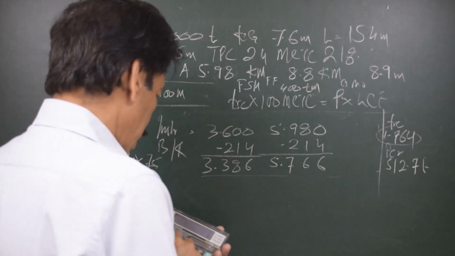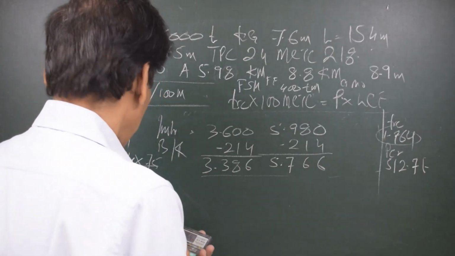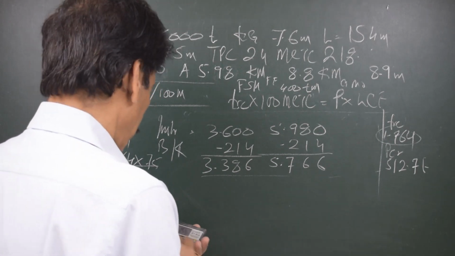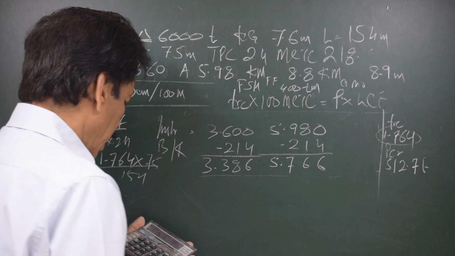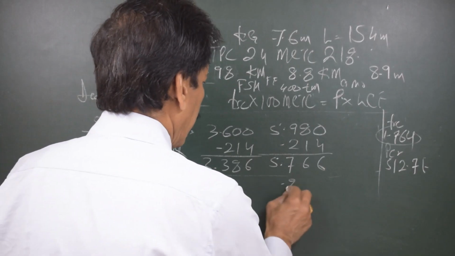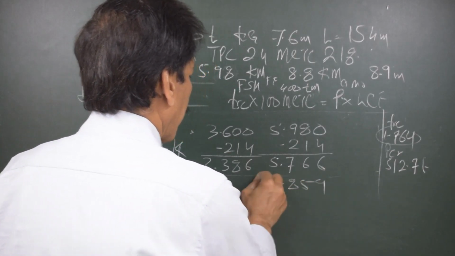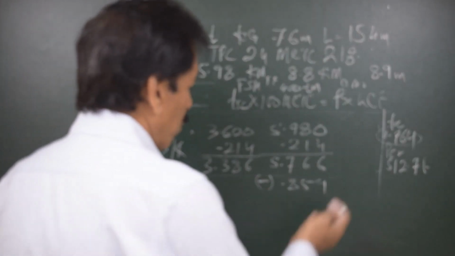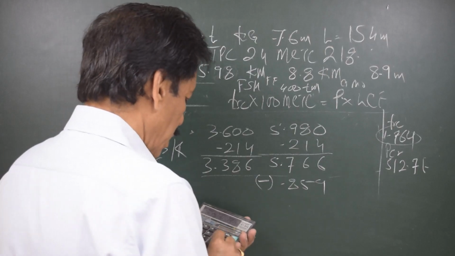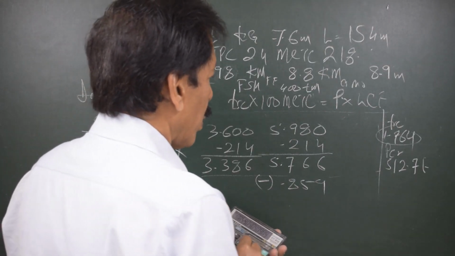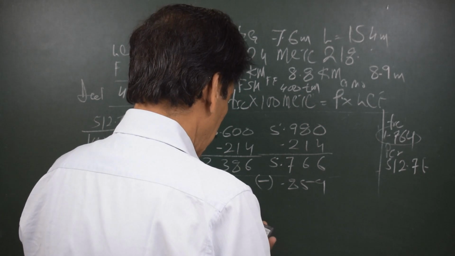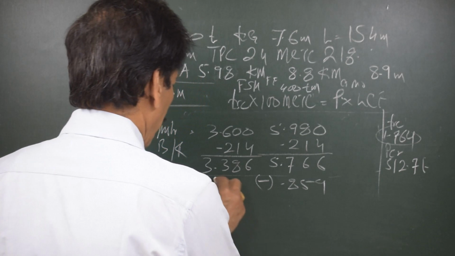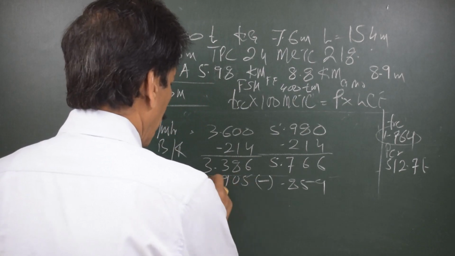This gives me 0.859. Because the ship is touching aft, it's like discharging the weight from aft, so if I subtract 0.859 from 1.764, it would give me 0.905. This will be plus.